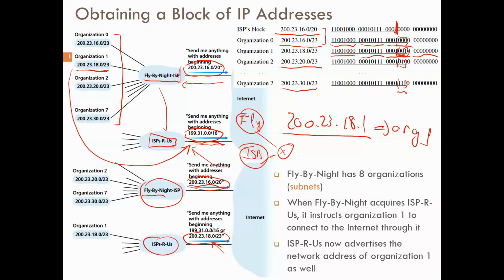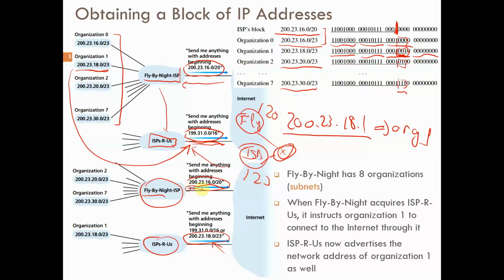Which path will now be used by this router? Basically, we go back to our discussion of the forwarding table, when we said that routers will always use the entry that has the longest prefix match, the entry that matches the destination IP address with the longest number of bits. Now you have two entries. One is /20 and one is /23.